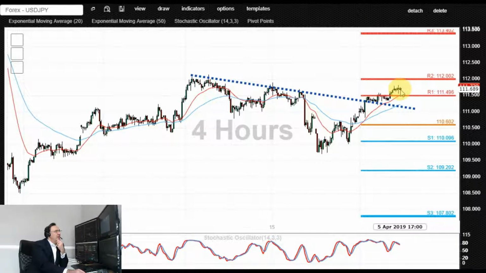Alternatively, only a dip lower and an end of day close below 111 would likely open up the way for a deeper retracement towards additional supports at 110.60, 110 initially. Confirmed loss of these two levels or that support zone would then turn the outlook to negative, therefore bearish, potentially targeting 109.20, 107.80.